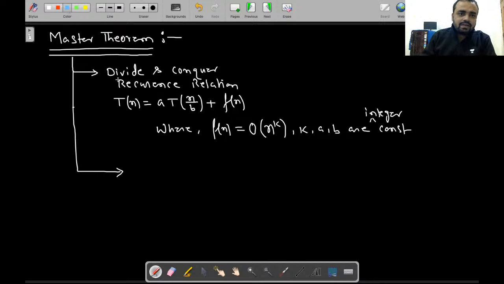This is the first kind of recurrence relation where we apply the master theorem.